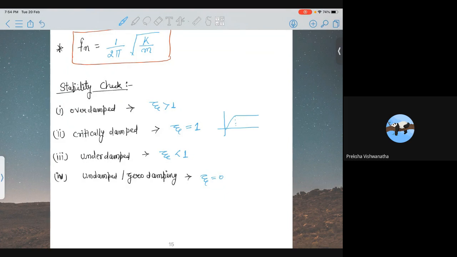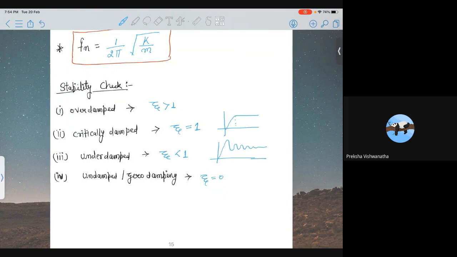For the underdamped system, the response is something like this: first it will have some transients, so it will oscillate. Then after some time, it will settle.